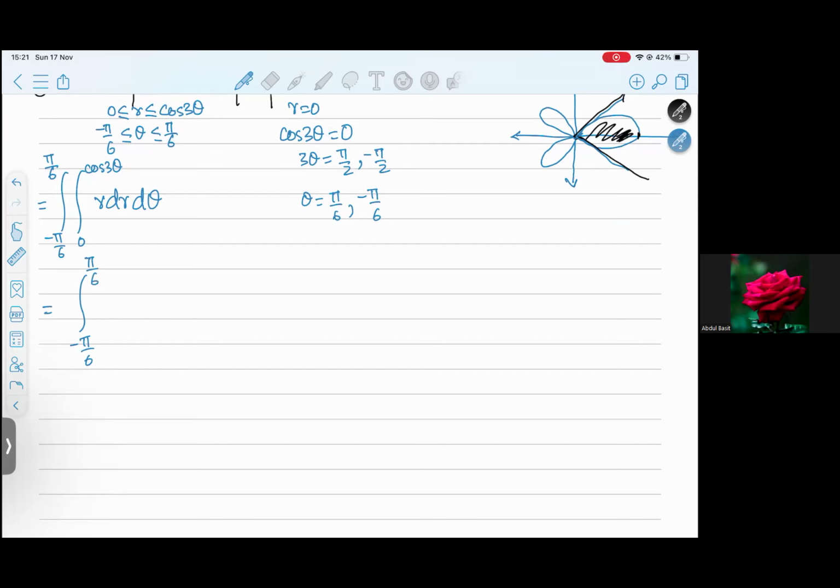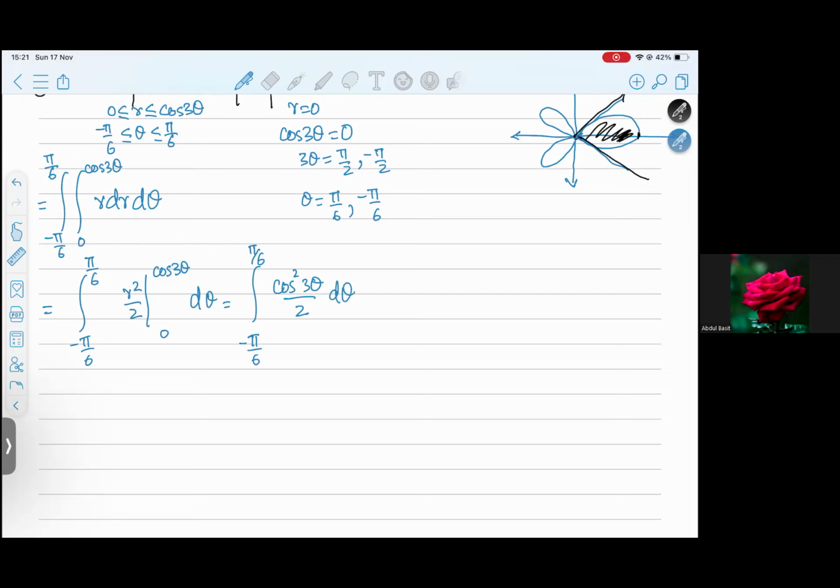So integrating r with respect to r, you get r squared over 2, plugging in cos 3 theta and 0, d theta, from negative pi over 6 to pi over 6. If we plug in r equal to cos 3 theta, you get cos squared of 3 theta over 2 minus 0. I'm skipping that again.